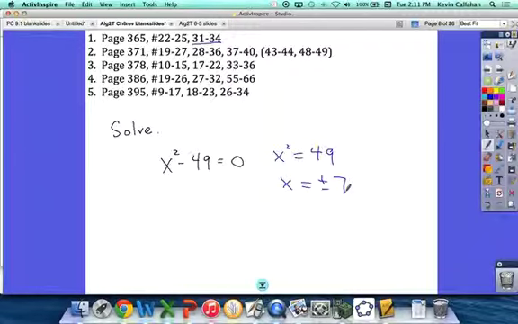Just think if you would have solved this by factoring, how would that have factored? x plus 7 times x minus 7. And so what are the solutions? See, if you just said the 7, you wouldn't have all the answers. You've got to have plus or minus when you're solving an equation. Yeah, same thing.